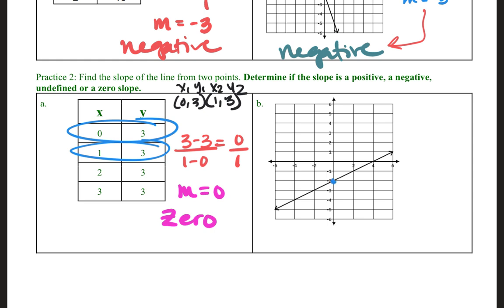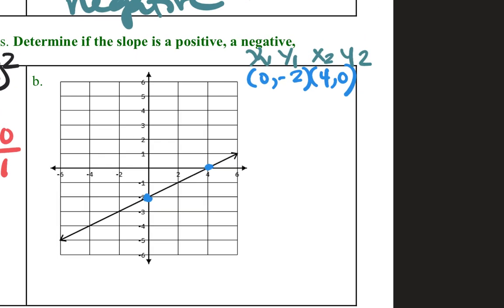So I'm going to pick 0, -2. And I'm going to pick 4, 0. All right, so if you pick those, good. If you didn't, it's okay. We should all come out with the same answer. So x1, y1, and then x2, y2. So this one should be 0 minus a -2, and then 4 minus 0.